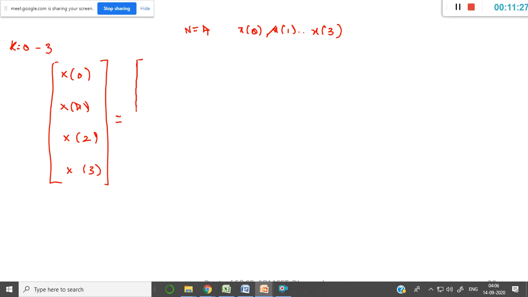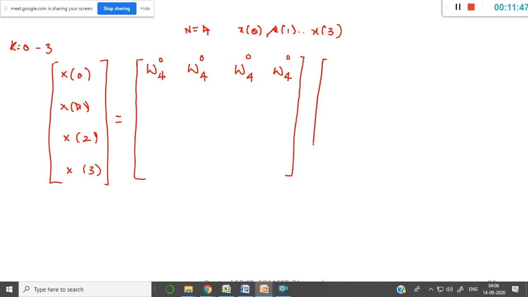So now the first row, that is W4 to the power of 0, right? W4 to the power of 0 into 1, that is also 0. W4 to the power of 0 into 2, that is also 0. W4 to the power of 0 into 3, and here it is also 0. Now let us write the second row, that is W4 to the power of 0, since k is 1 but n value will be 0, hence I will write 0 itself.